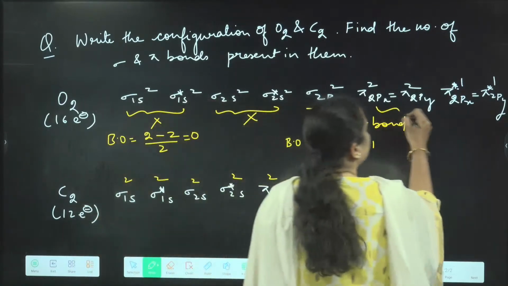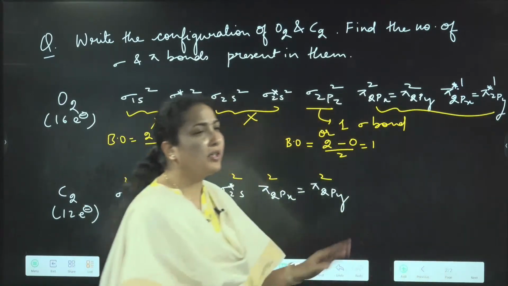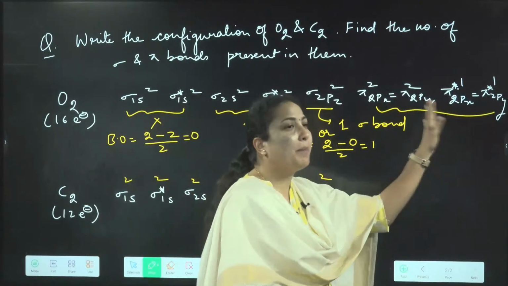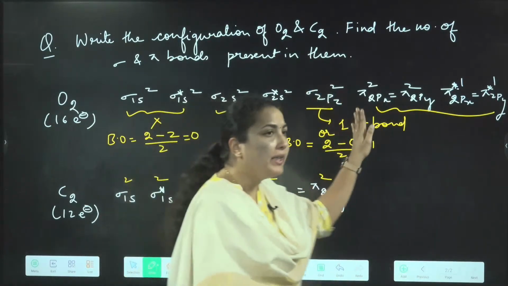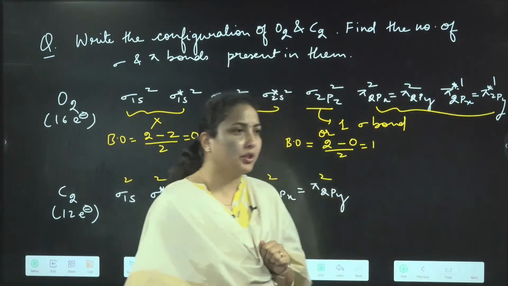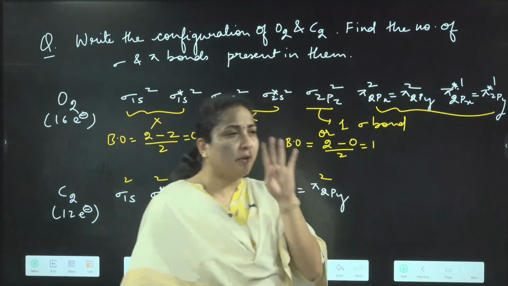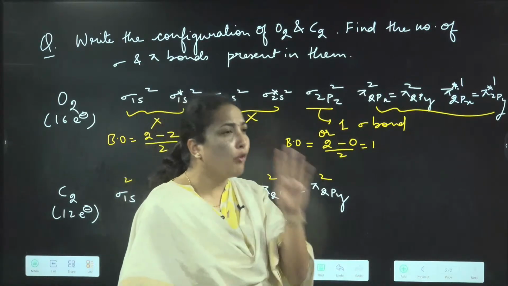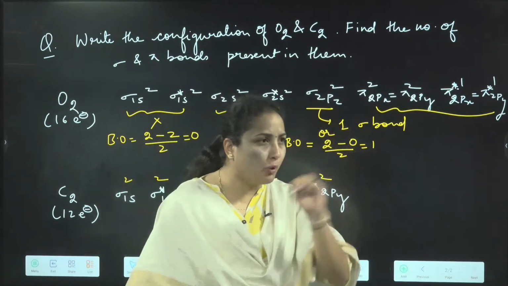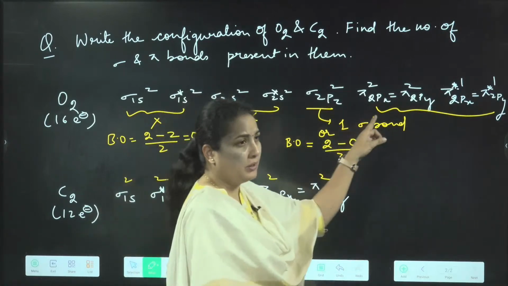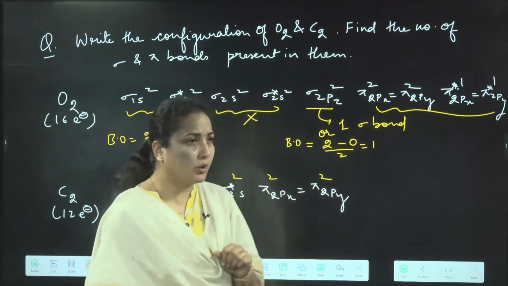Now, what about this? You try to understand it. The entire pi molecular orbital, its bonding as well as antibonding, you have to consider, right? Now in this case, if you look at the pi molecular orbital, there are 4 electrons, right? 4 electrons means it is telling you there are 2 bonds. And which kind of bond? Pi bond, because you are having electrons in this pi molecular orbital.